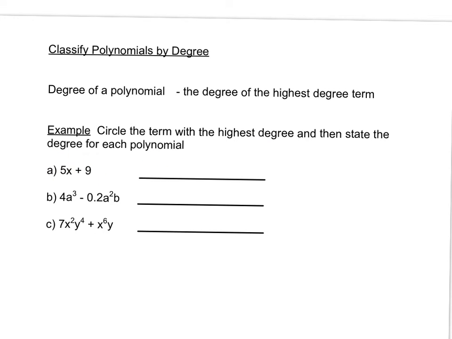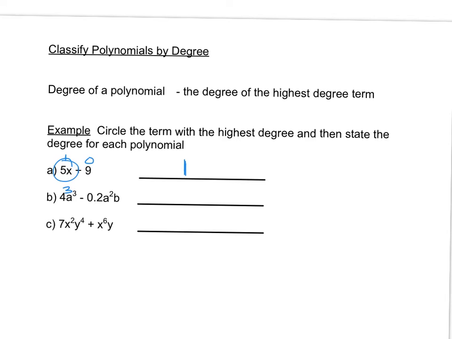In the first one, we've got a variable, so it's 1 for that term, and in the second term, it's 0. So the highest term gives our degree of 1. Take a look at the second one. We've got 3 as our degree in the first term.